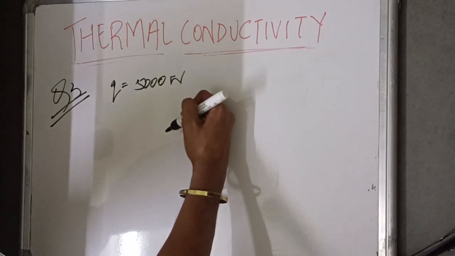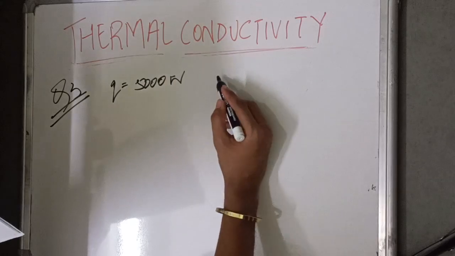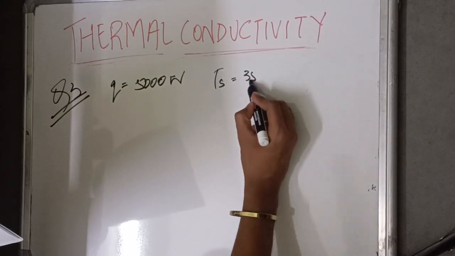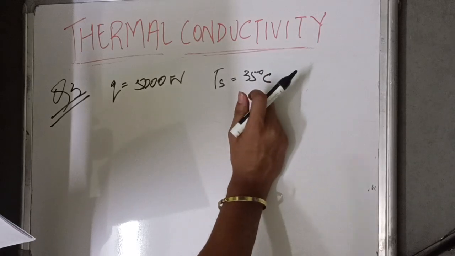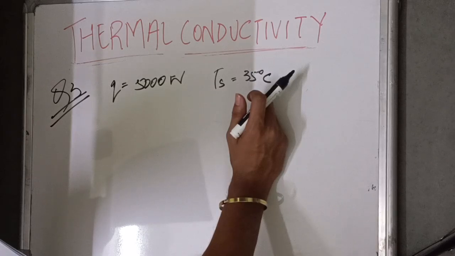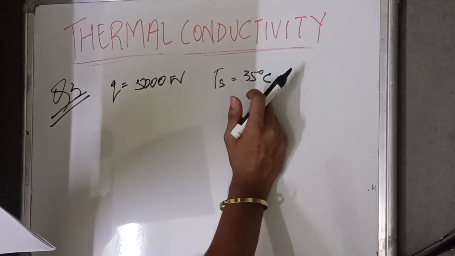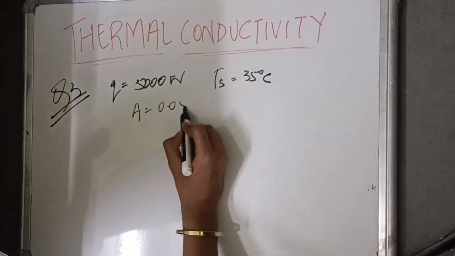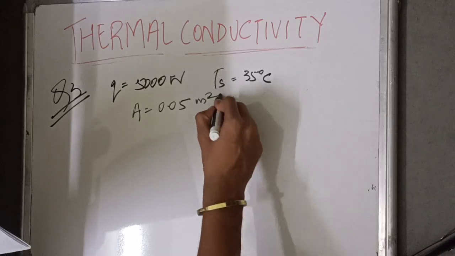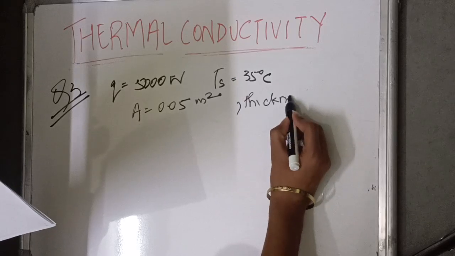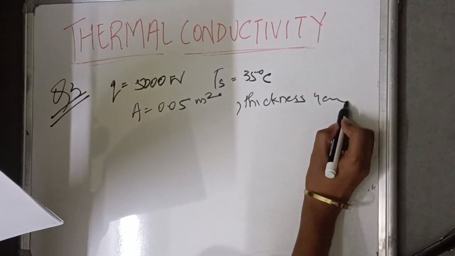The other face is held at a temperature of 35 degrees centigrade. If steady state conditions prevail, calculate the surface temperature of the side receiving the radiation energy. The surface area of each face is 0.5 meter square, and the plate thickness is 4 centimeters.